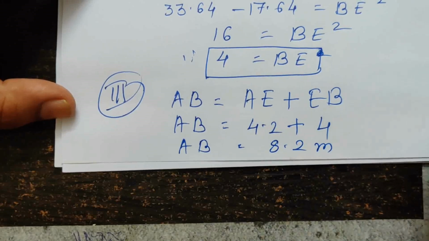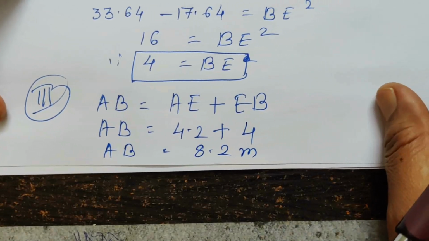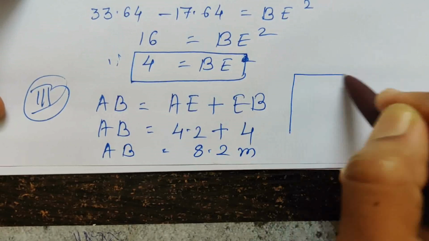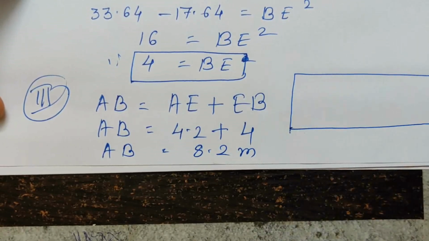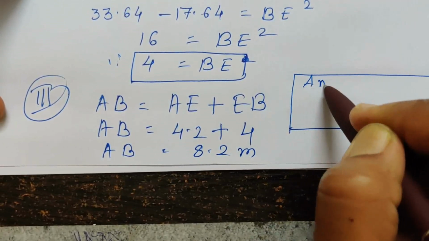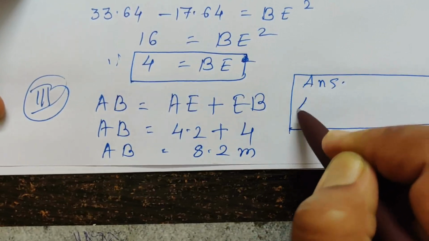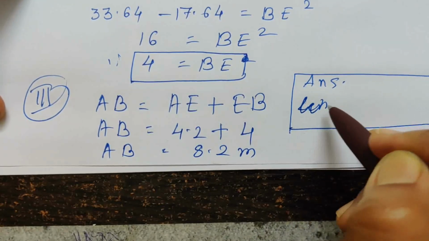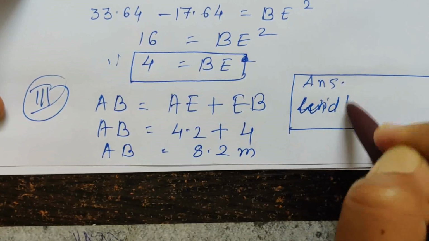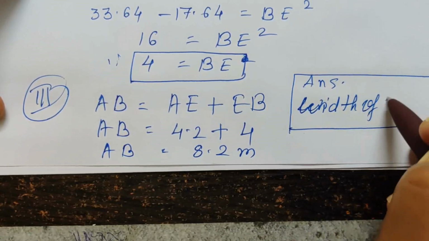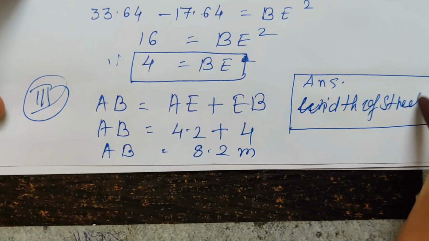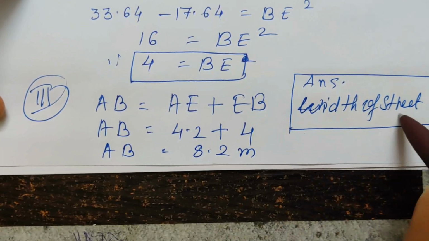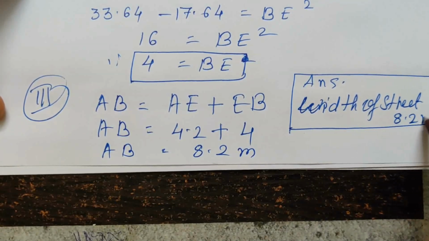And so the final answer, you will highlight in the box. Width of the road, or the street, is 8.2 meter.